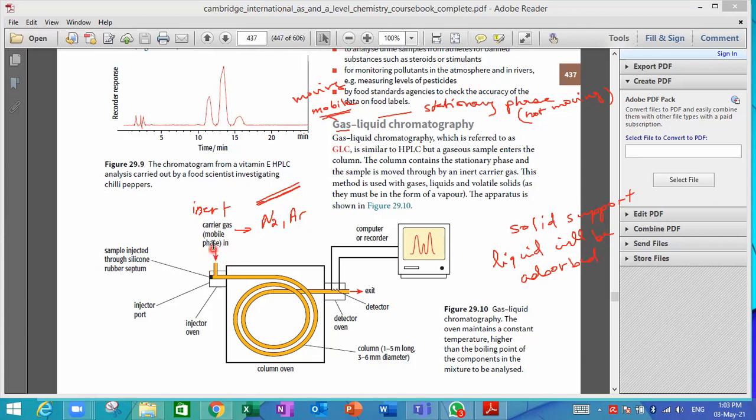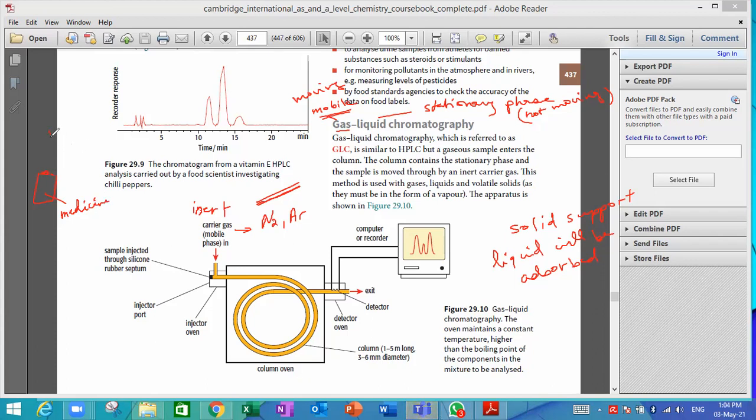We are going to put it from here, and also we are going to inject our sample from this rubber septum here. You know what's a rubber septum? Sometimes the bottle containing medicine has a rubber here. We call it a rubber septum.